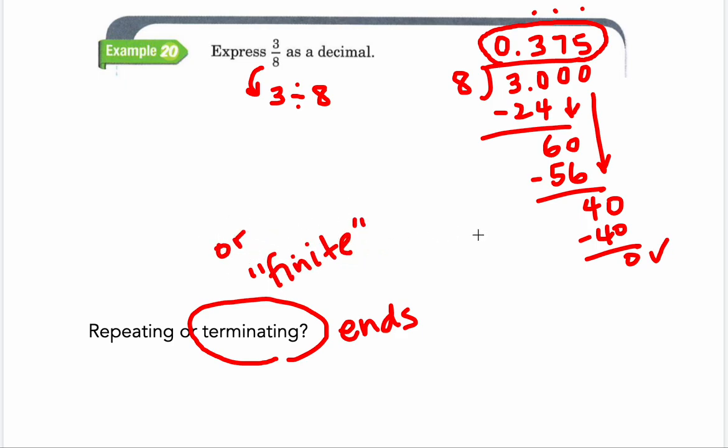So it's kind of like the opposite of infinite, right? Infinite means it goes on forever. This doesn't go on forever, so we call it a finite decimal. Okay, so you can either have a repeating decimal or a terminating decimal. This one is an example of a terminating decimal because it ends at 5 and it doesn't go on forever.